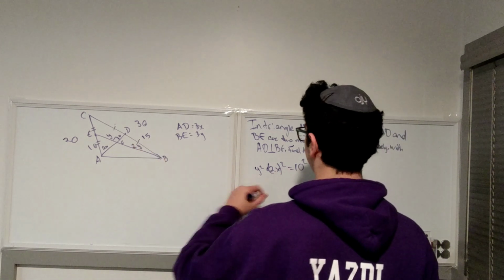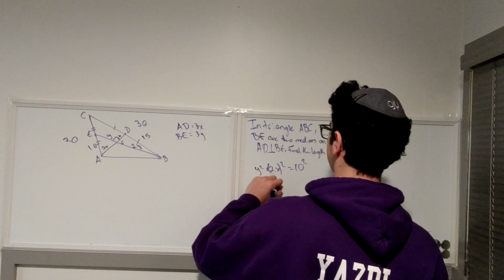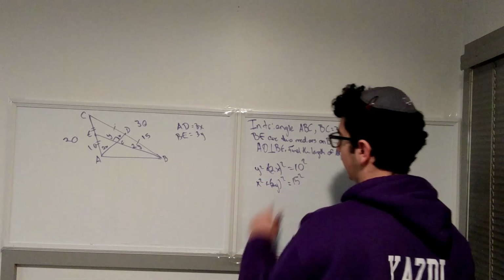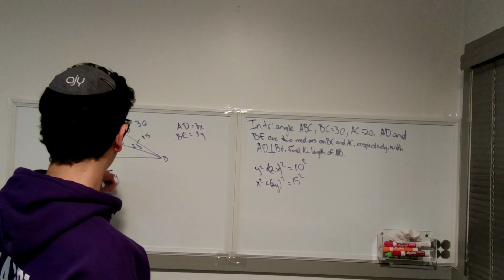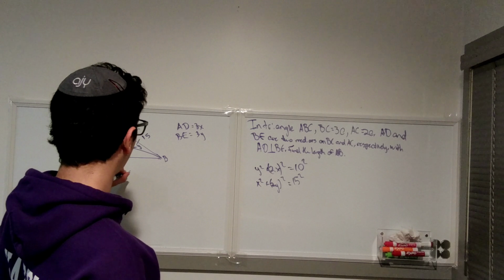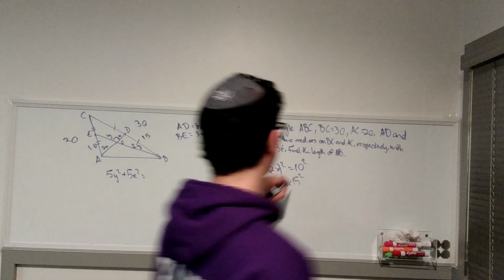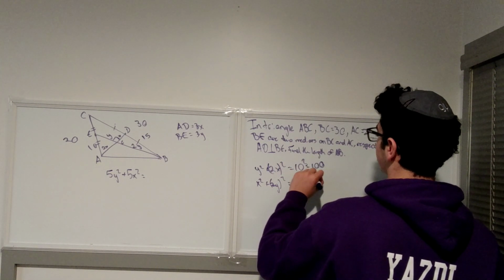And then over here we have x squared plus 2y quantity squared is equal to 15 squared. When we add those together, we have 5y squared plus 5x squared is equal to, now 10 squared is 100, and 15 squared is 225.